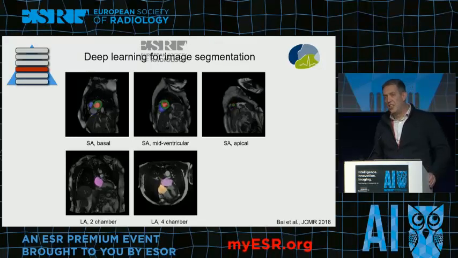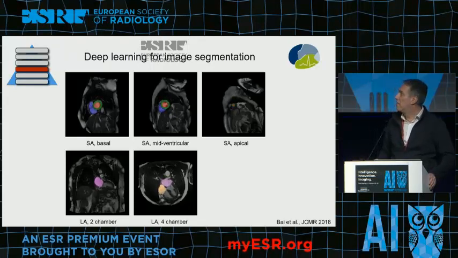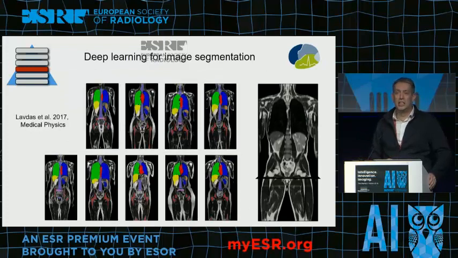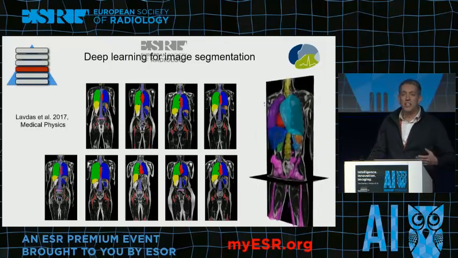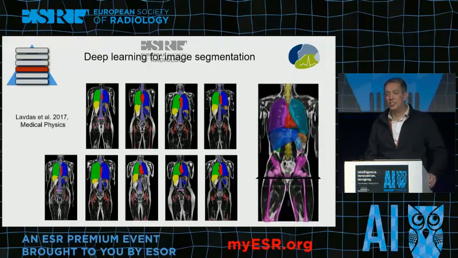The other thing which I think is very important to realize is that machine learning has enabled us to take the same neural network and apply it to many different domains. So if I now want to segment, for example, a whole body MRI scan instead of a cardiac MR scan, well, I can use the same neural network, I just need new training data.